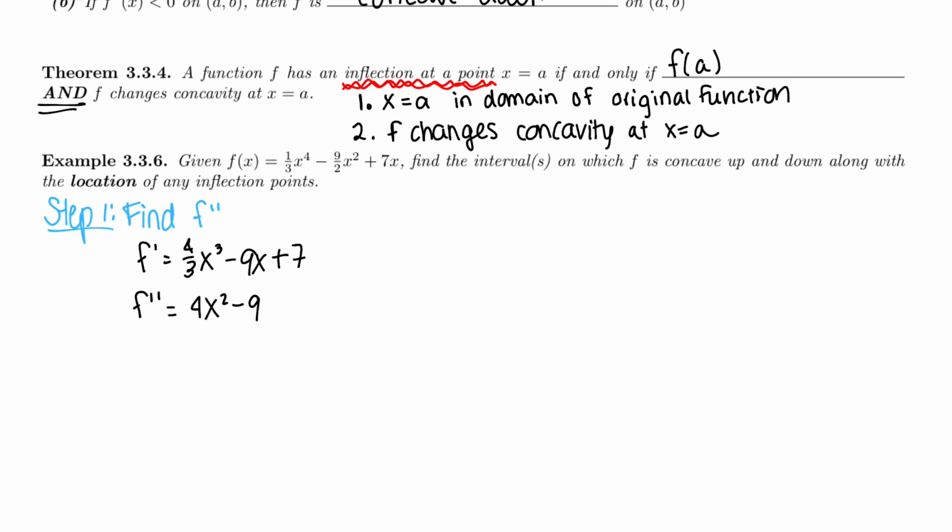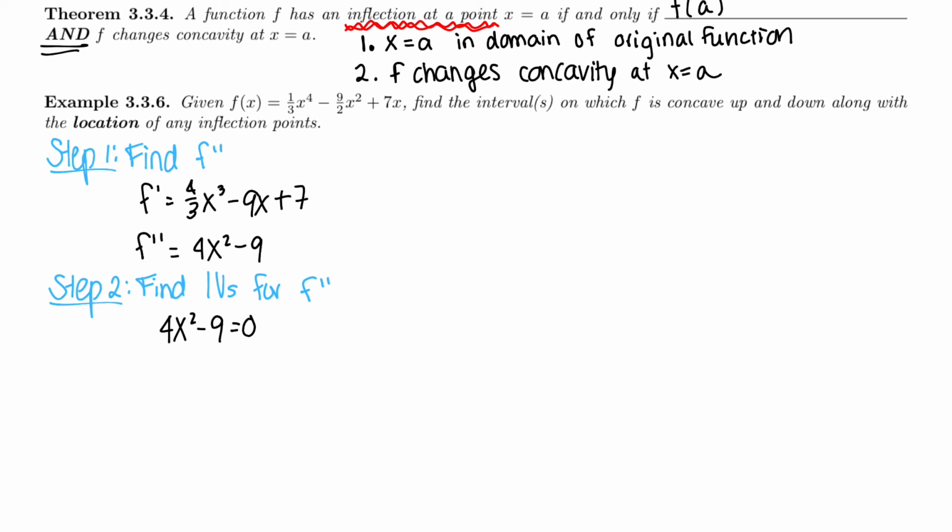Then we want to find any important values for f double prime. So we'll set f double prime equal to 0. This is a difference of squares, 2x plus 3, 2x minus 3. Get x equal to negative 3/2 and x equal to 3/2.